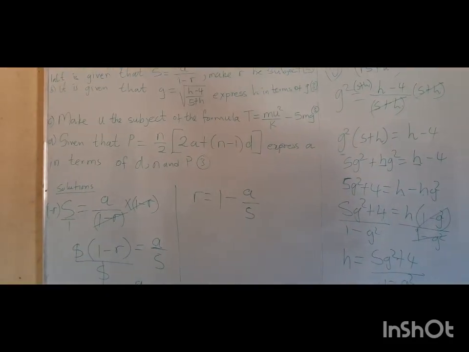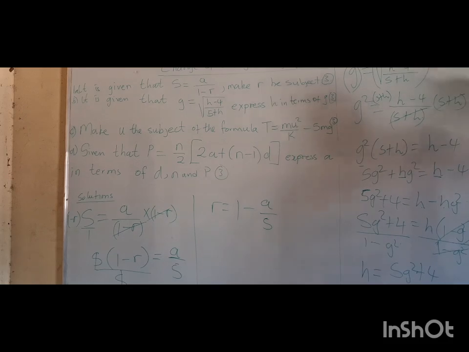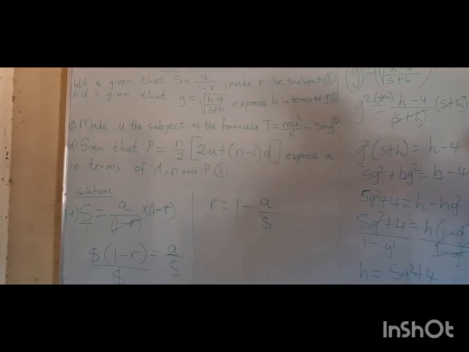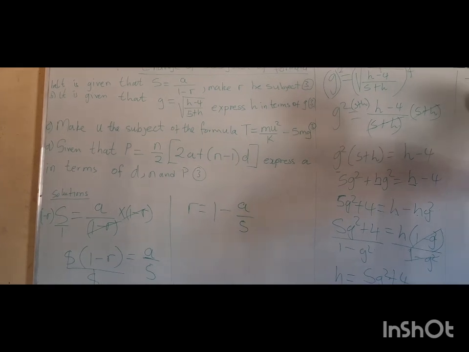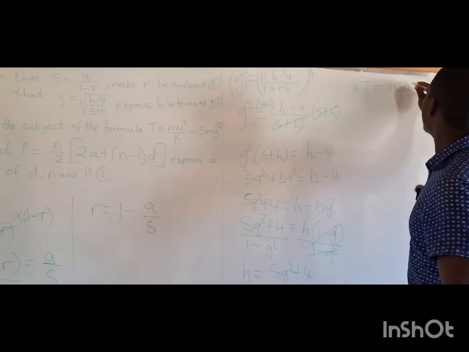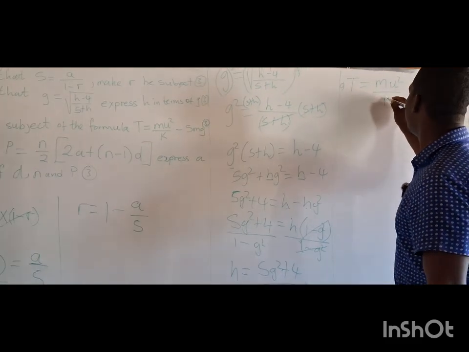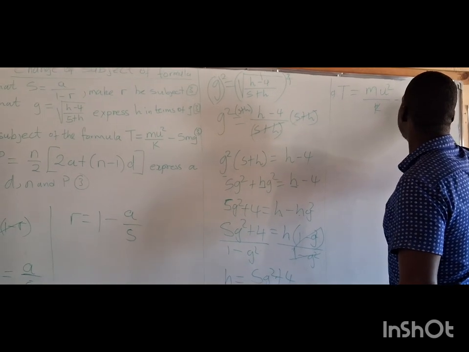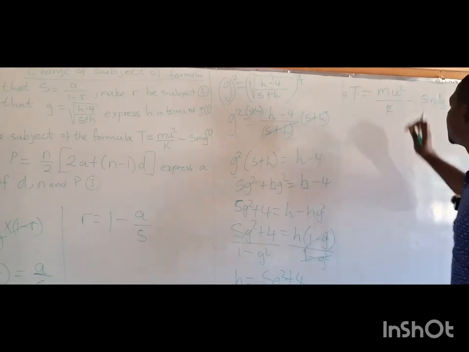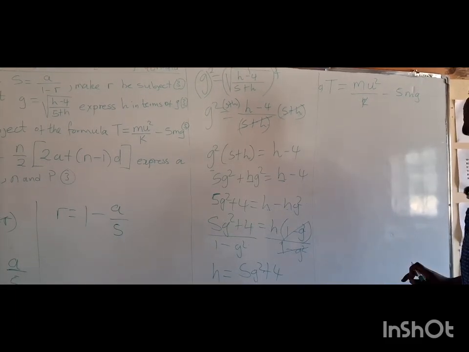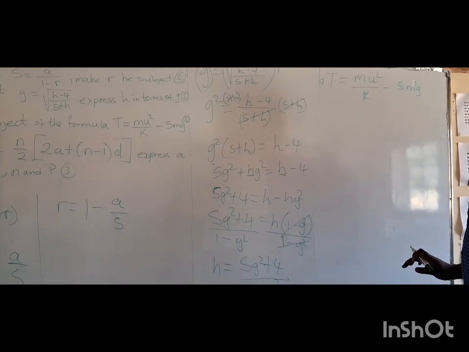Moving on to C. C is saying make U the subject. T is equal to mu squared over k minus 5mg. Make U the subject here. You can see that we have a denominator there.